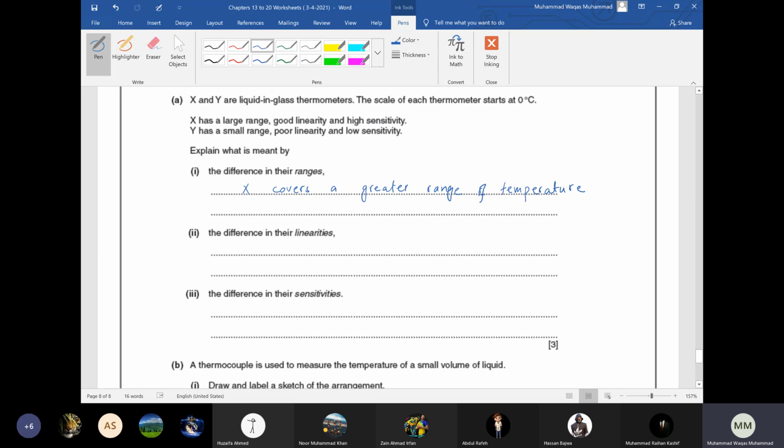You can also write that: greater range of temperature, or you can write X can measure higher temperature.